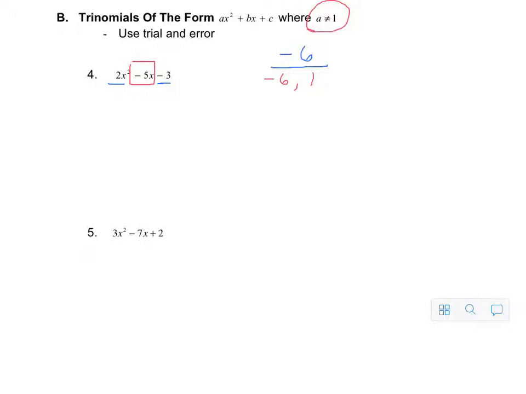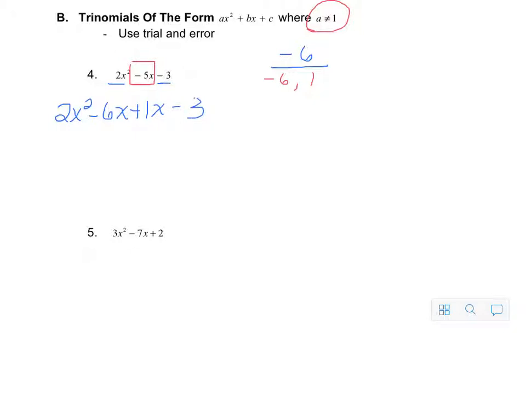So now I'm going to rewrite that trinomial so that instead of having a -5x in the middle, I'm going to have a -6x plus a 1x, which would give me that -5x. So now I have 2x squared minus 6x plus 1x minus 3.